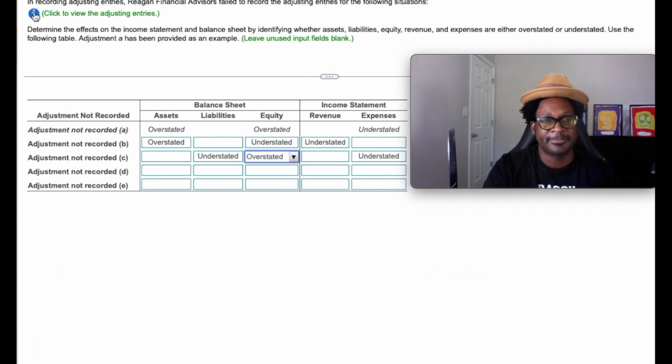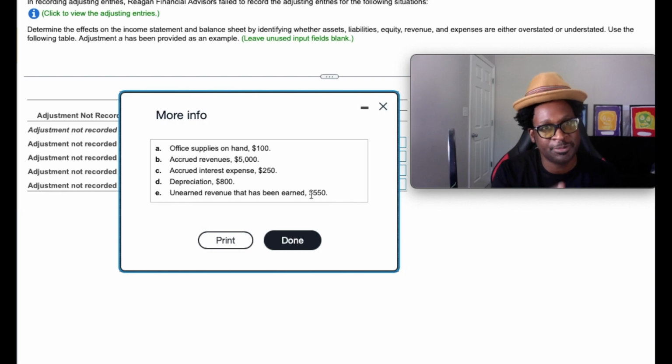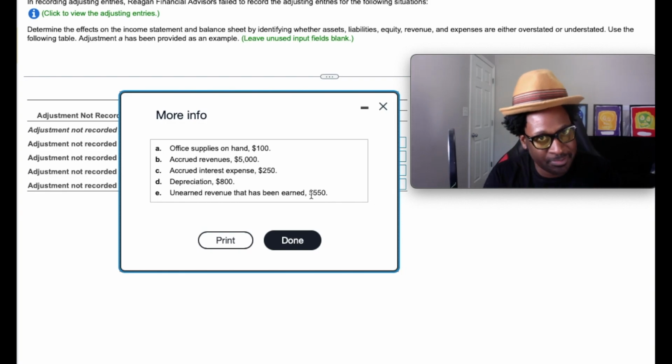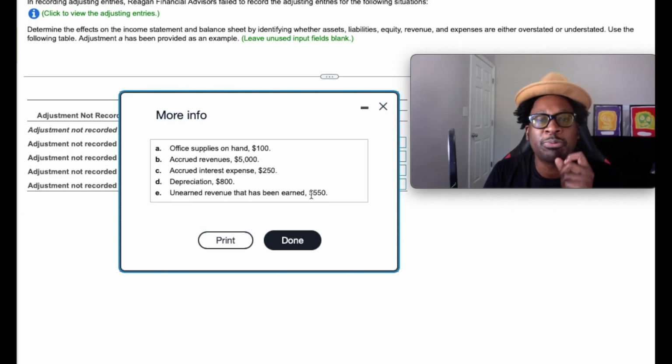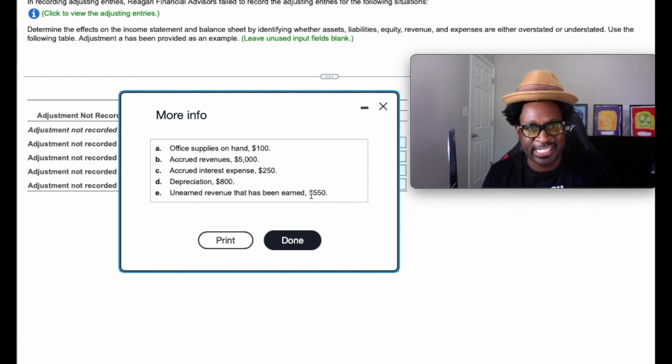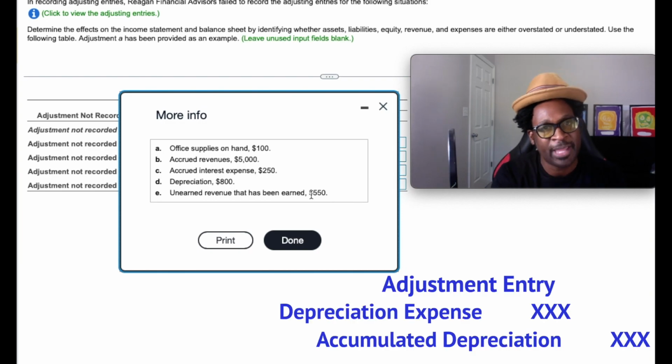Let's move on. Depreciation. This one is a tricky one, gang, so bear with me. We know the proper journal entry for depreciation requires us to debit a depreciation expense and credit accumulated depreciation. So from that being said, we understand that our depreciation expense belongs on the income statement. If we fail to record that expense, our expenses are going to be lower than what they should be.